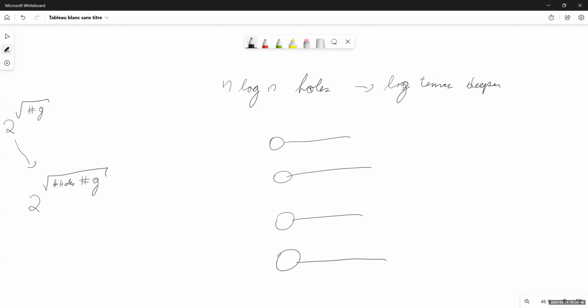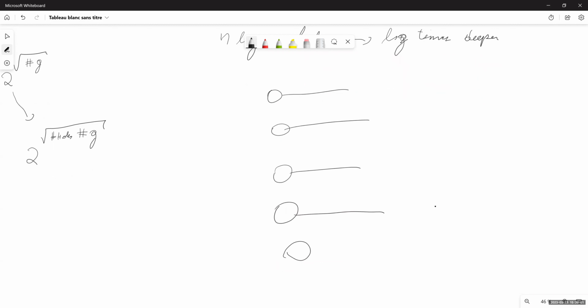The idea to make this happen is that you can take your circuit and build some bridges between some wires. And actually what you can do is build a skip list as a data structure on top, a skip list of bridges. If you analyze how a skip list actually works, you can get that n log n number of holes, and the depth is just log n because it's the depth of a skip list.